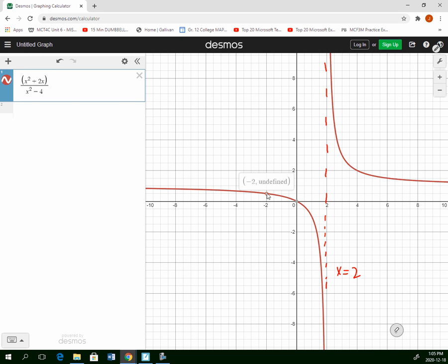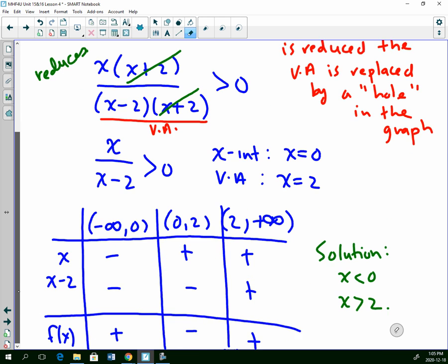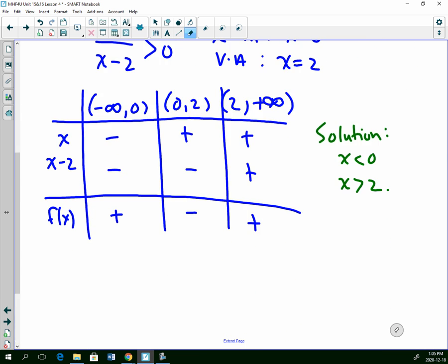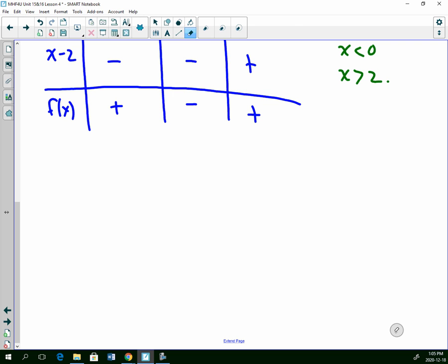Well, that's because it's a restriction, first of all, because those vertical asymptotes are where x cannot be. So you can see that that vertical asymptote that was normally expected to be at -2 is now just a hole. So you can see that it's not filled in when I click on it. It's an open circle. And that's what happens when you have a factor that is reduced.